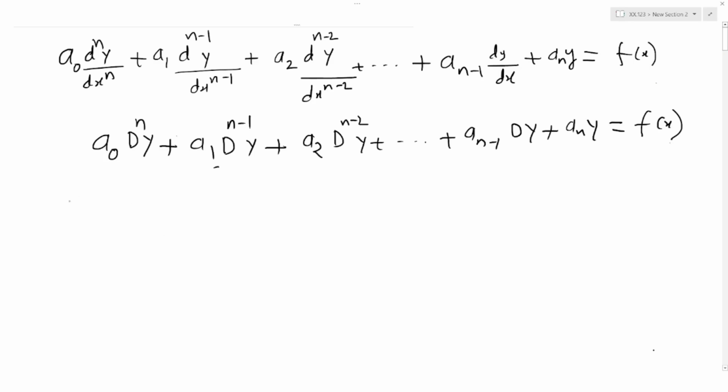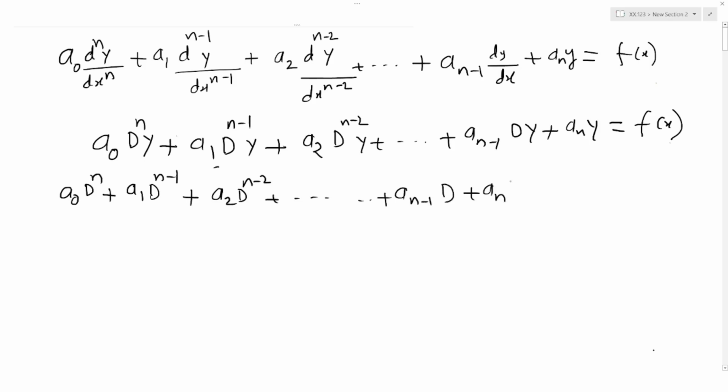Now we can take y common, so it becomes a0 D^n plus a1 D^(n-1) plus a2 D^(n-2), and so on, an minus 1 D plus an, writing y as common, equals f of x.